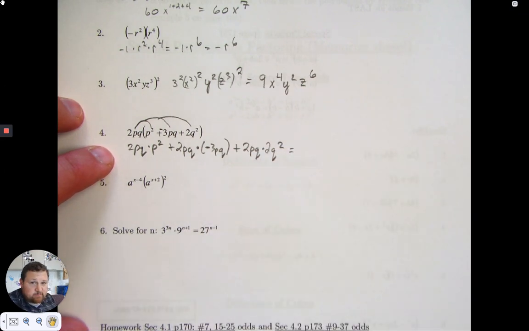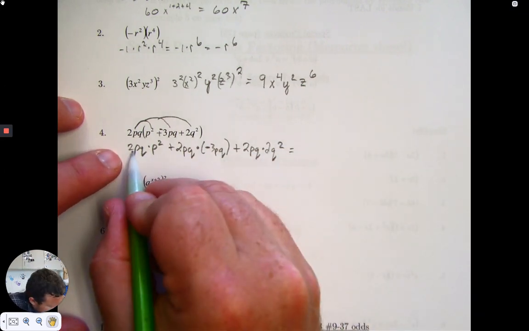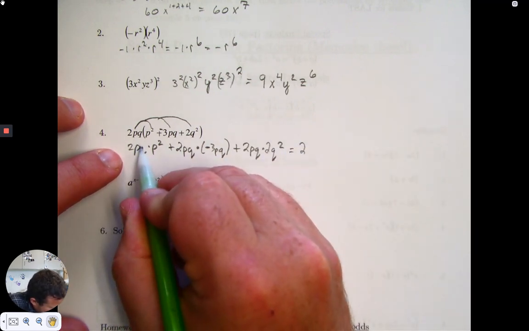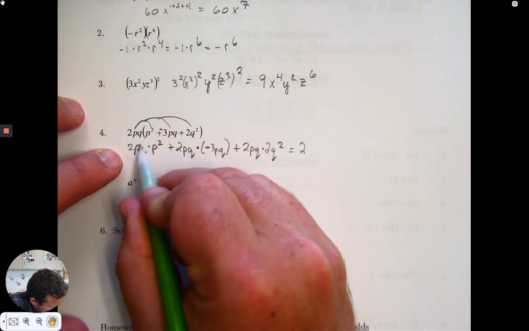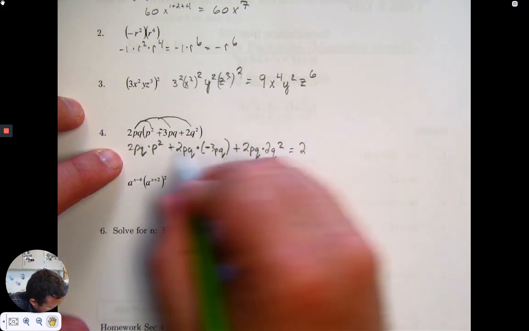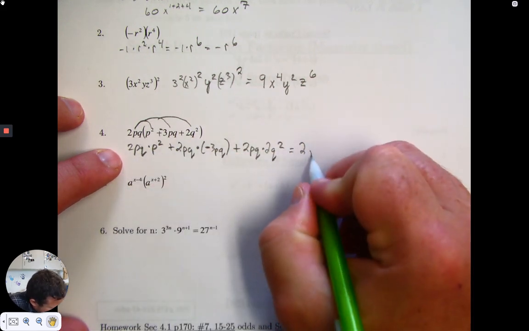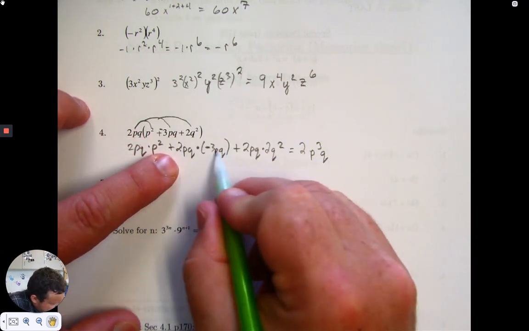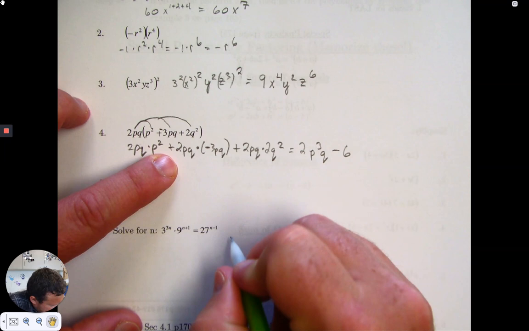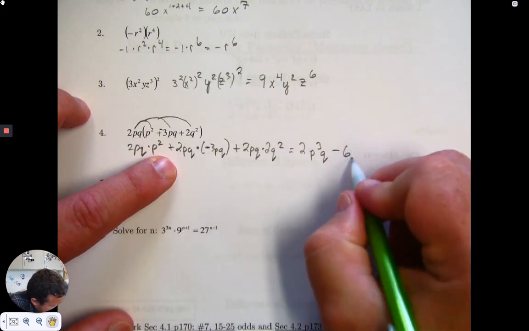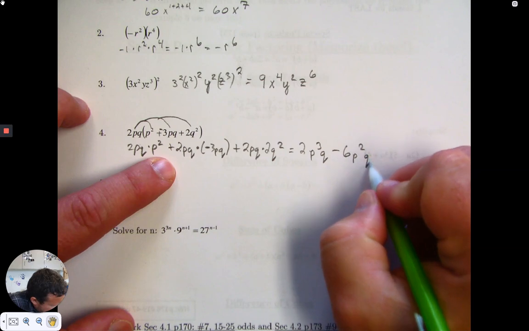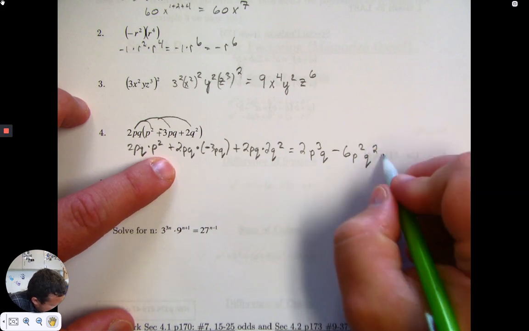So now we just have to go down and simplify each part. Here we only have a 2, so we just leave that as 2. Here we have p to the first, p to the second, so that's multiplication, so you add, 1 plus 2 is 3, so p to the 3, and then our q. On our next one we have 2 times the negative 3, which is a negative 6, and then p times p, so 1 plus 1 is 2, q times q, 1 plus 1 is 2.